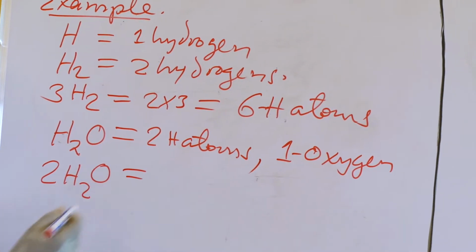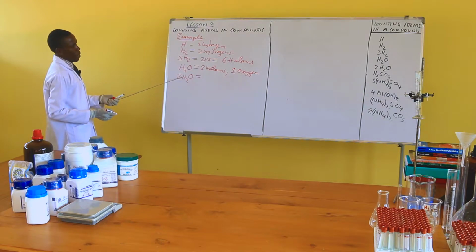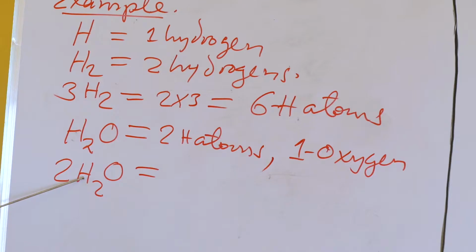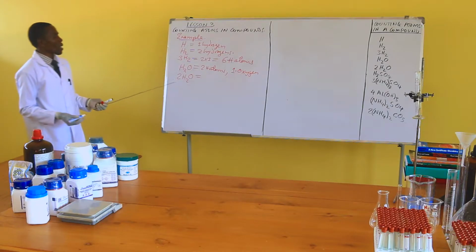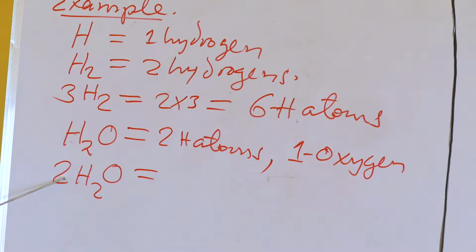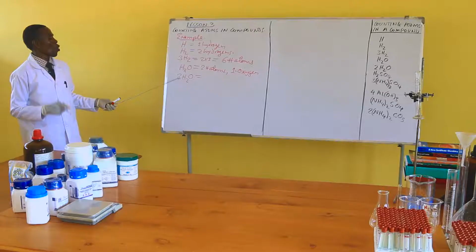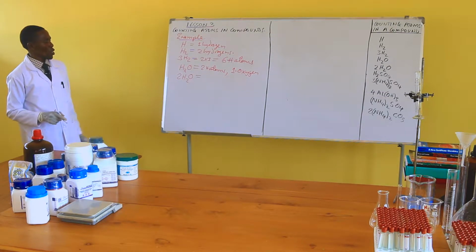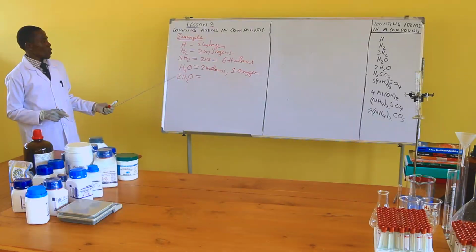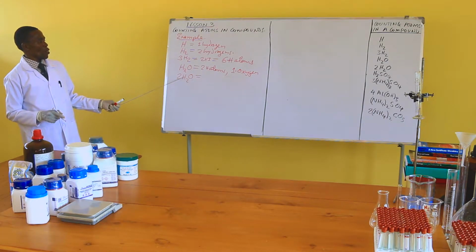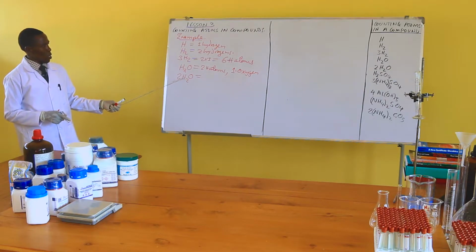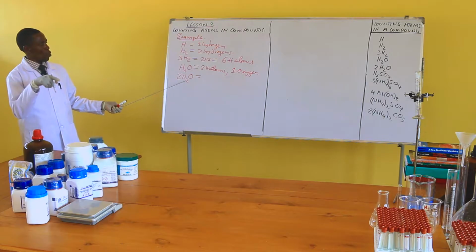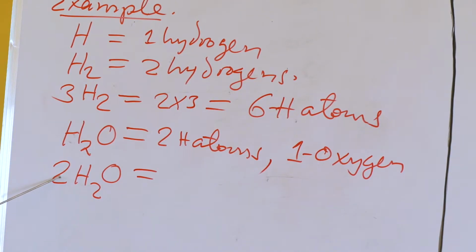this one means 2 hydrogen atoms from the subscript, but the number that stands before the chemical formula, any number written before a chemical formula, will count all atoms in front of it. So this 2 counts hydrogen, but also counts oxygen. So we have 2 hydrogen atoms because of this number, but also 2 hydrogen atoms because of this number here.